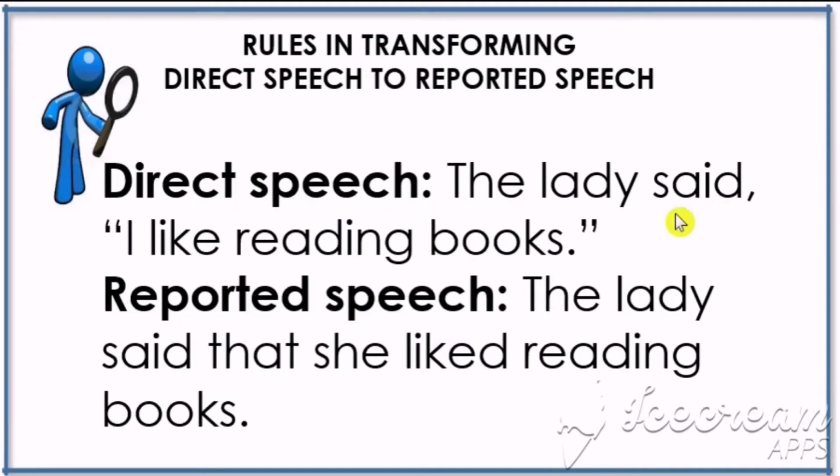Now, if we are going to write that in the reported speech, write first the subject and the verb. The lady said. And then we add the word that. Of course, we change I into she. Okay? Because the speaker here in the reported speech is another person. And she represents the lady, which is a female. That's why we are using the pronoun she.